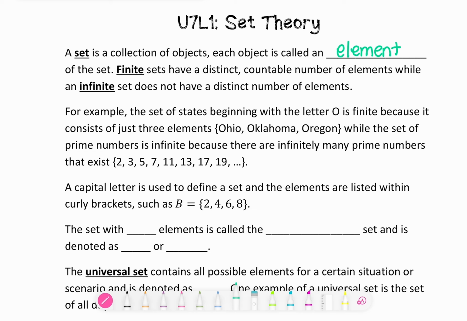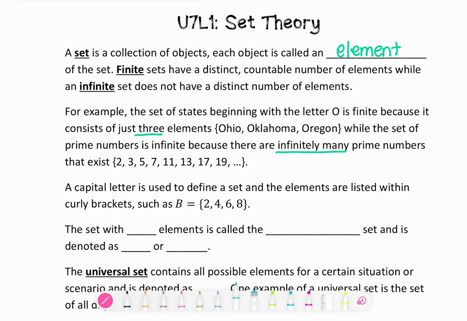So for example, the set of states beginning with the letter O is finite because it just consists of exactly 3 elements, that is Ohio, Oklahoma, and Oregon, while the set of prime numbers is infinite because there are infinitely many prime numbers that exist. 2, 3, 5, 7, 11, and we can keep going and we will never be able to stop naming those prime numbers.